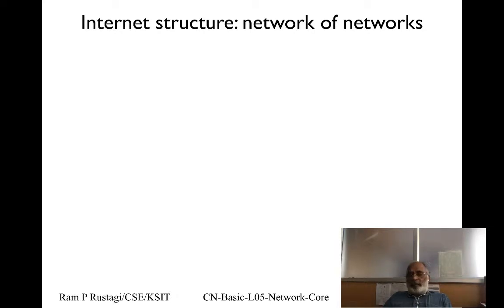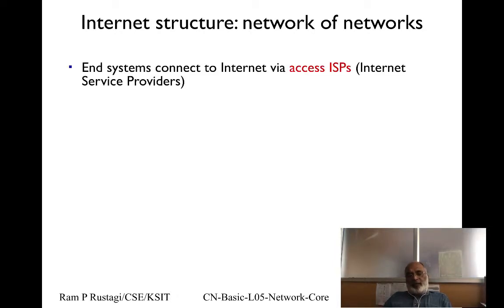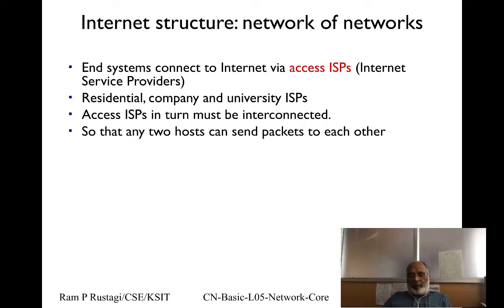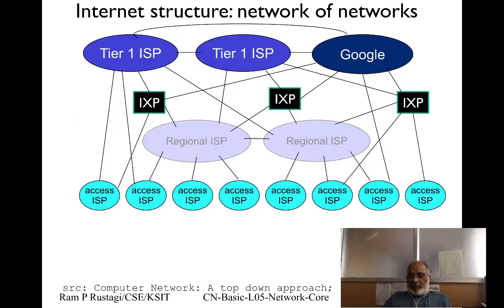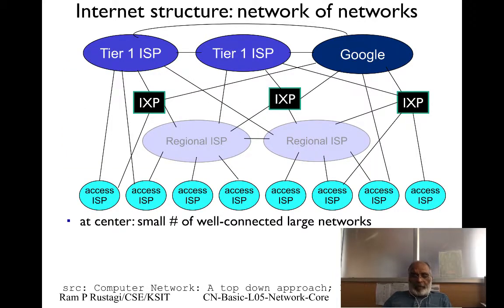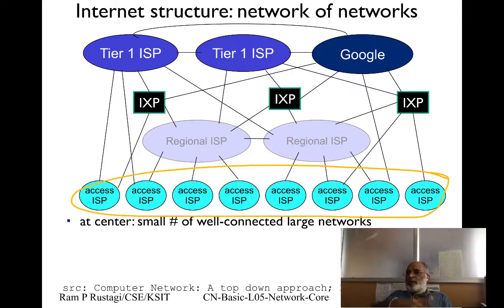The last point is, since we are using packet switching, we have a network, and we said the internet is a network of networks. So let's look at how the connectivity is, and probably a diagram would help you better. Let's look at what typically happens. We have the local ISPs, access ISPs, which could be your normal city online or Hathway or something, which are connected to your regional ISPs.